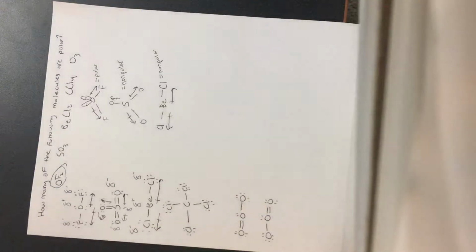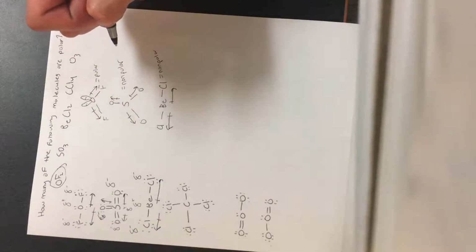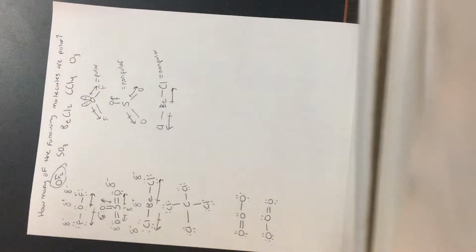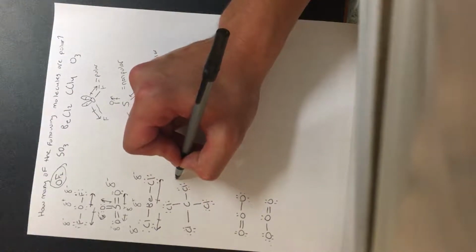Alright, moving on to CCl4. Okay, so this Lewis structure, again, is already drawn. And therefore, we can look at the periodic table and see that chlorine is more electronegative than carbon. So, each one of the chlorines will have a slightly negative charge.